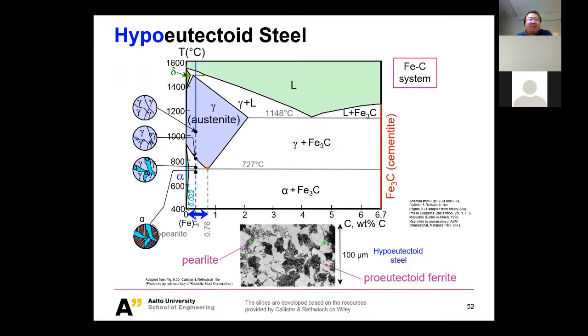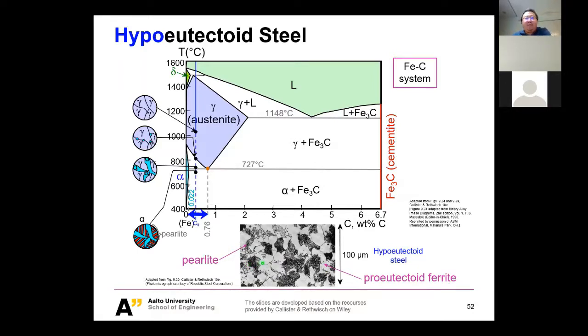And of course, you have this new white thing. So what is this white? The white is exactly this kind of alpha, this kind of ferrite that you got before the eutectoid reaction. That's why we call it pro-eutectoid ferrite, because you also have the ferrite in your pearlite.